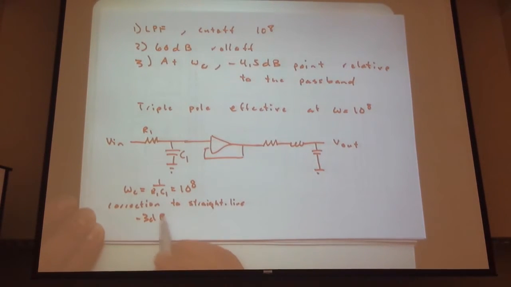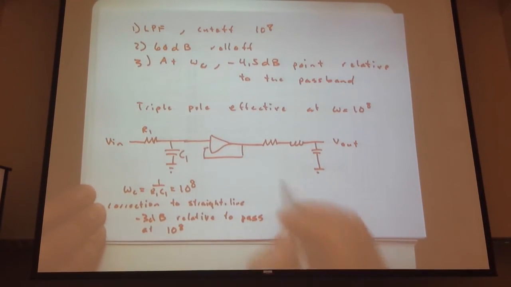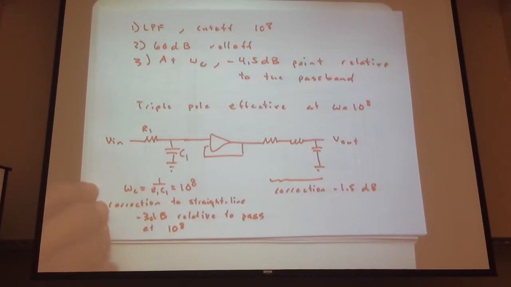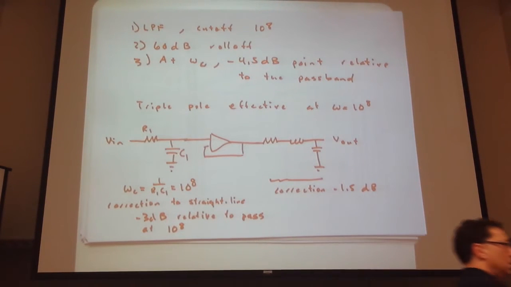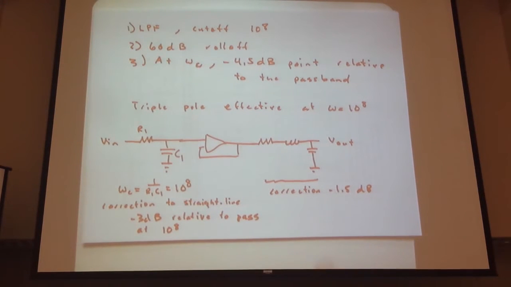Minus 3 dB point relative to the passband at 10 a day. Which means this has to give us what correction? Minus 1.5 dB. Because this guy's fixed. We have that first order circuit that's going to give us minus 3 dB all the time. And so we need minus 1.5 dB here.